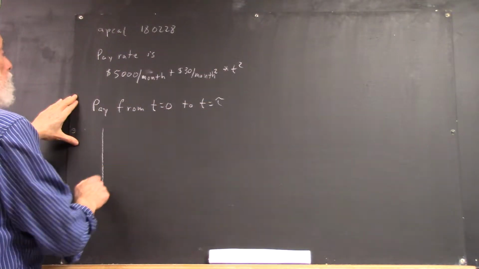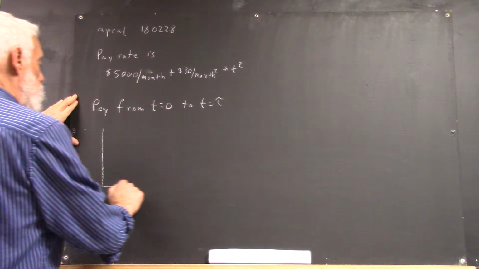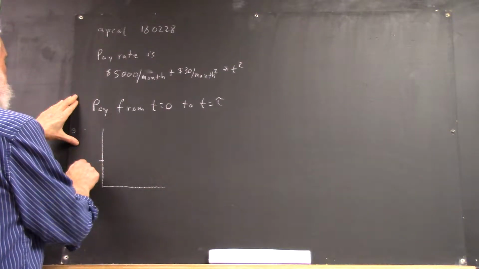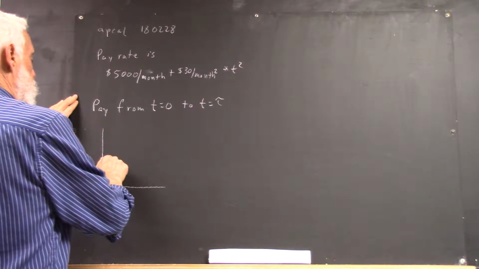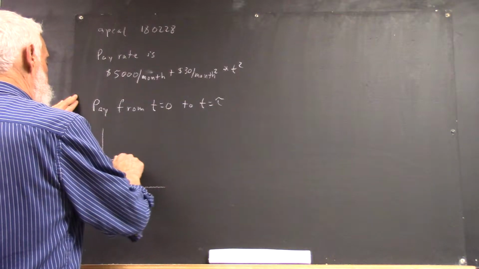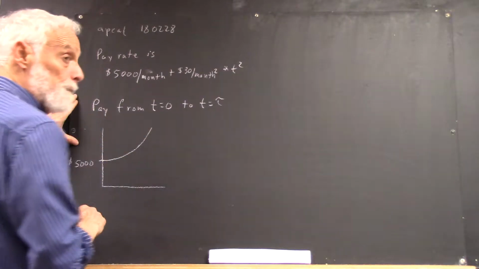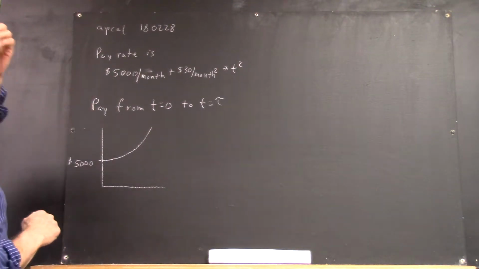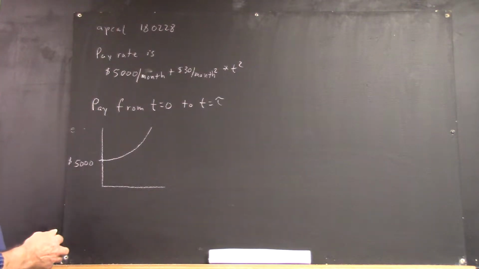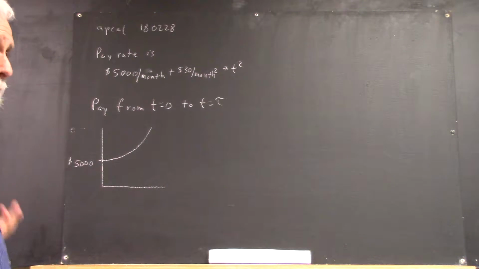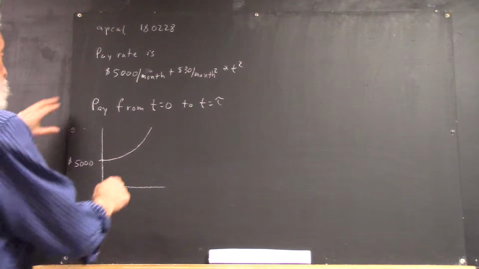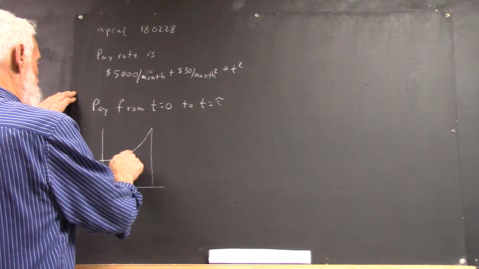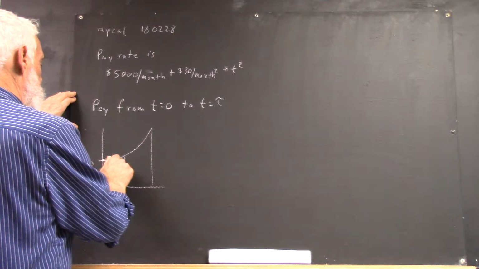So we're going to have a pay rate that starts at 5,000 and goes up, okay? Now let's first of all think about what a trapezoidal approximation graph for this thing would tell us, okay? So let's just say we have two trapezoids here. We could have more.